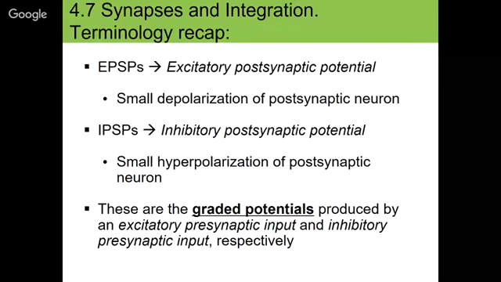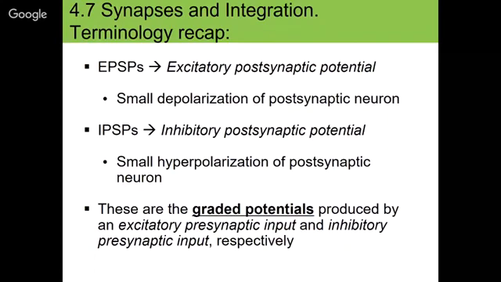So if a neuron cell is at resting potential at minus 70 millivolts, a small hyperpolarization would be, for example, taking that to a state of minus 80 or minus 90 millivolts, okay? In other words, further away from threshold potential, further away from setting off an action potential.